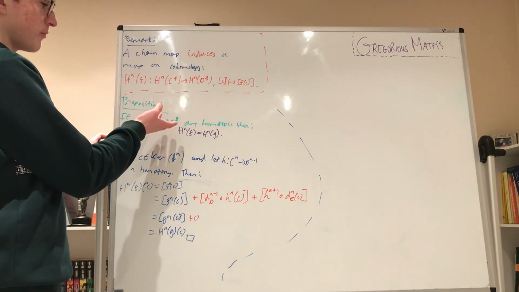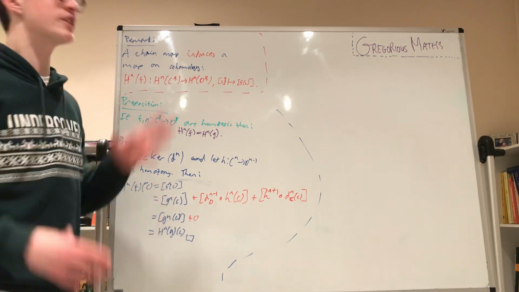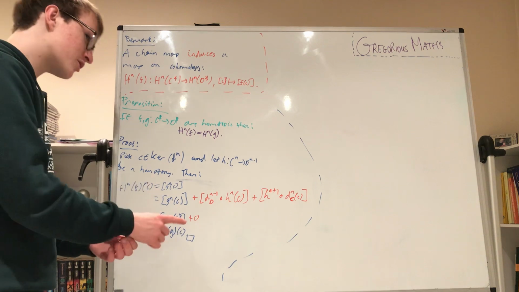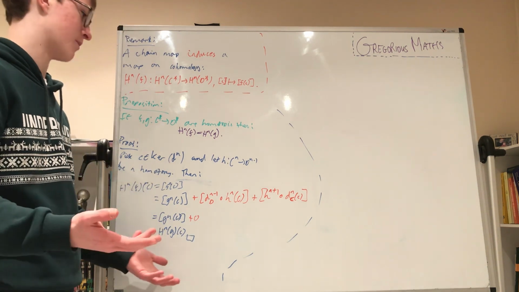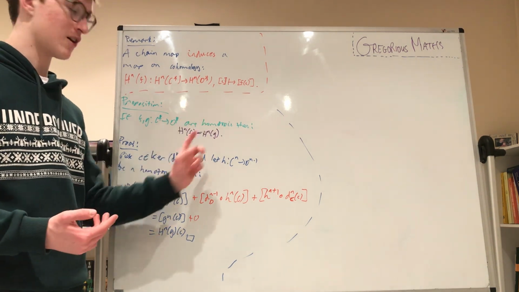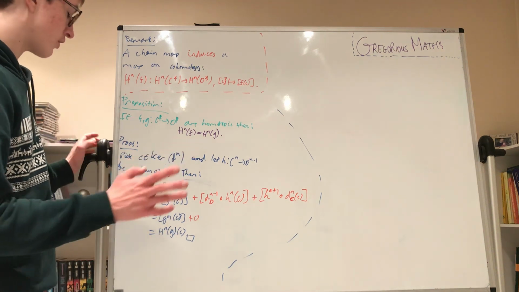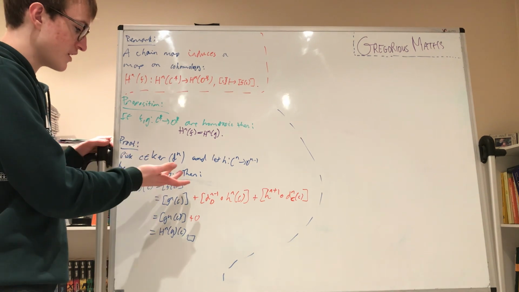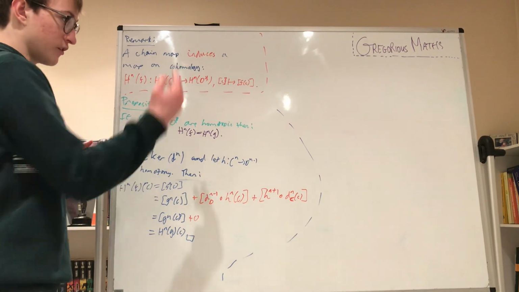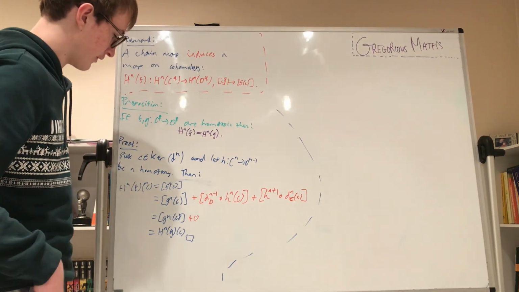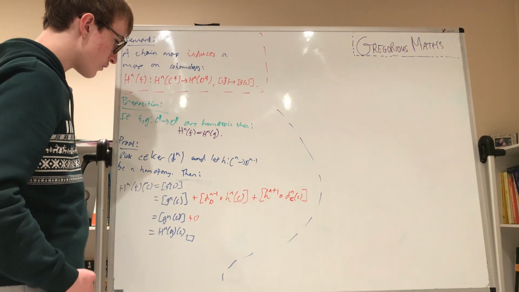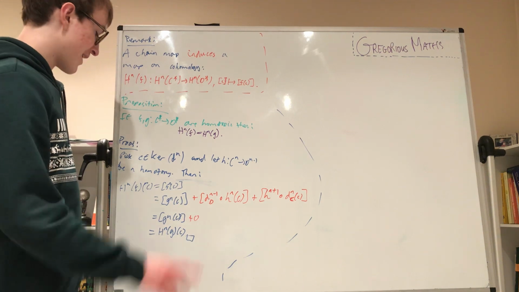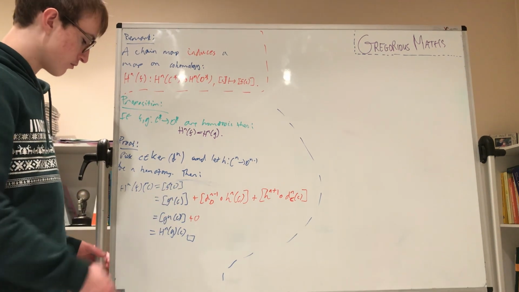If f and g are chain homotopic, then they induce the same map on homology. They induce precisely the same map, given that they're homotopic. So let me show you why this is true. If we pick some element C in the kernel, so some representative of this equivalence class, and if we let H be some homotopy, then we'll just write it out.